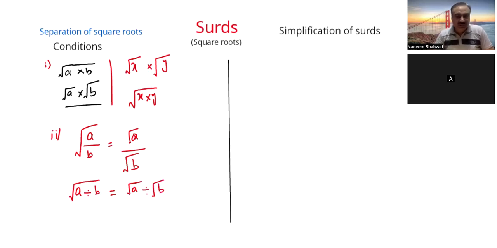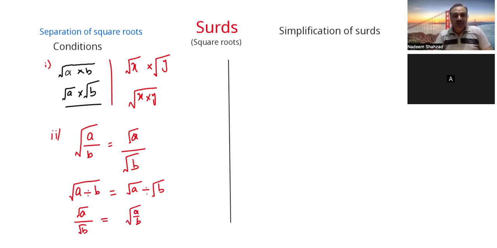All of you clear? Any issue? Conversely, if we have the square roots separated in division form, we can also combine their square roots. We can write them as a over b, whole square root. So these are your two conditions regarding separation of roots.